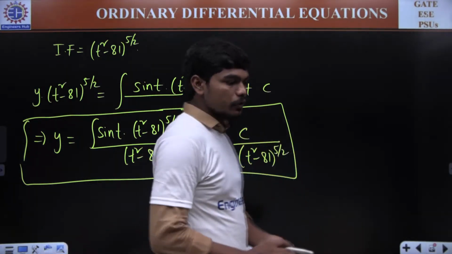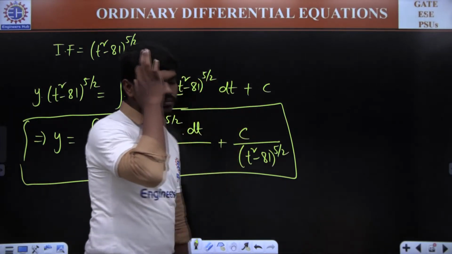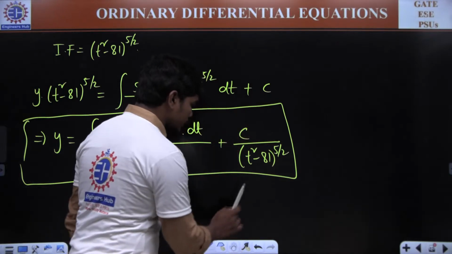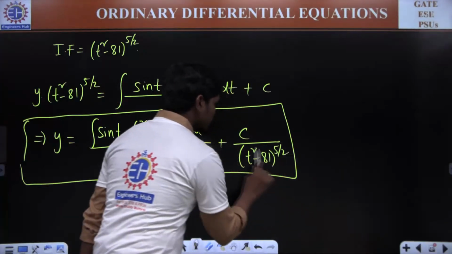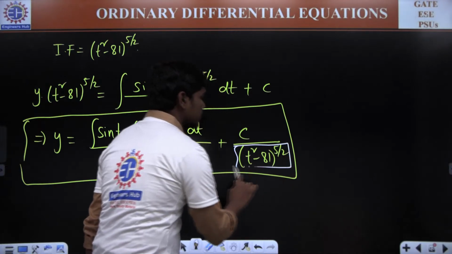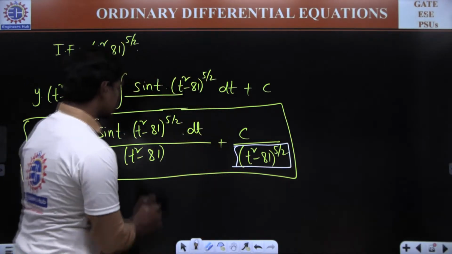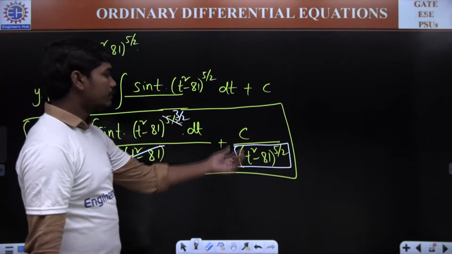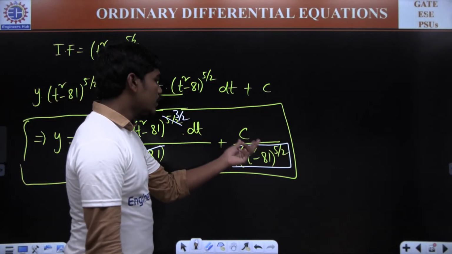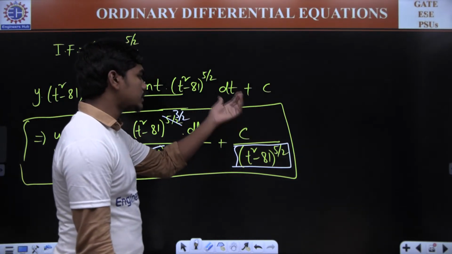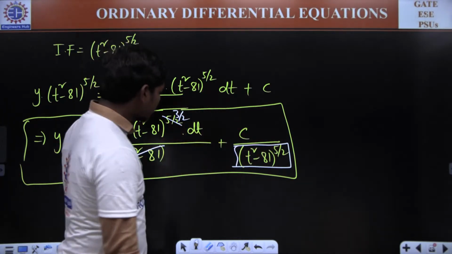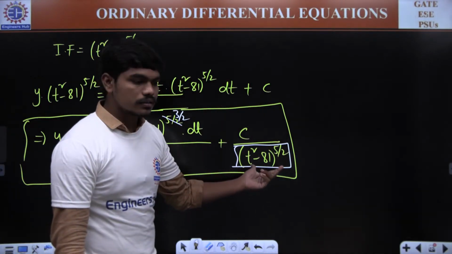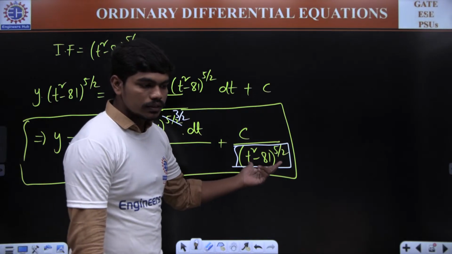If this solution has to be unique, there should be some value for this c. Correct? Means the solution will be unique only if there is some value for c. And one very important thing: this term in the denominator should not be equal to 0. Of course, this will cancel and finally we'll be getting 3/2 here. So no issue with this integration. But for this c to exist, for some finite value of c, if this complete solution has to be unique, this denominator should not be 0.